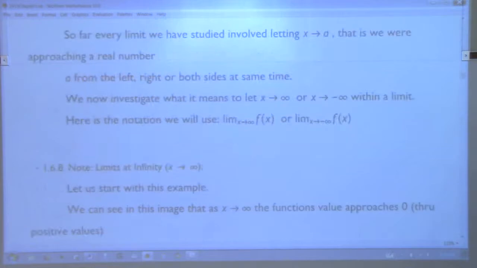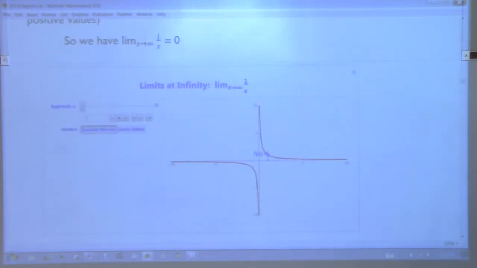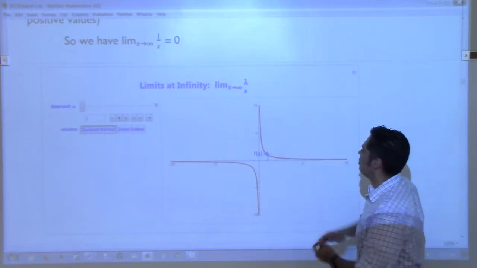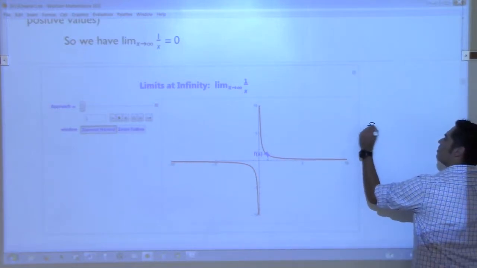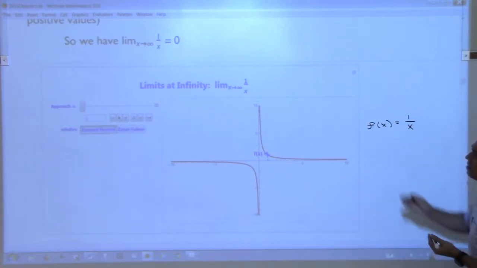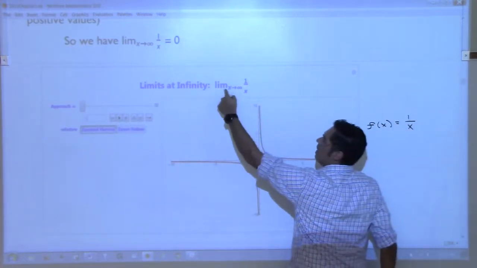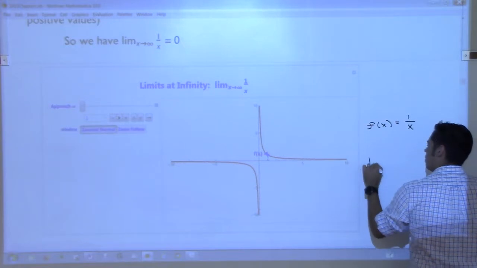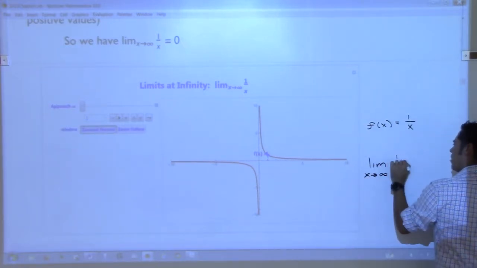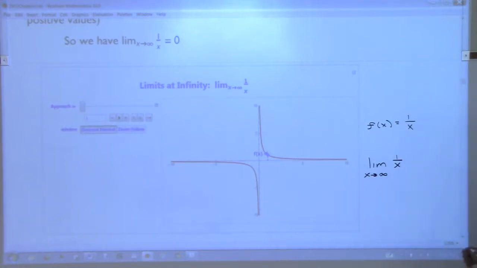And the idea behind this is this. You have some function. In this particular case, I'm using the function f of x equals 1 over x. And what we're asking ourselves here is, what is the limit as x goes to infinity of this function 1 over x? That's the question.